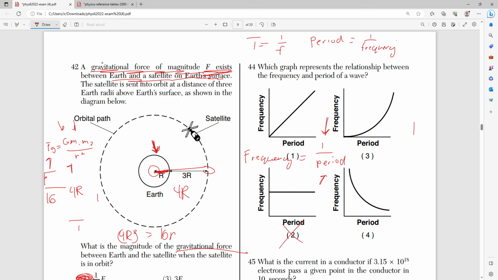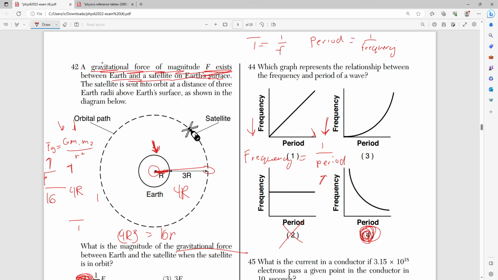For example, if my period was 2, my frequency has to be 0.5. If my period was 3, my frequency has to be 0.33 repeating. The higher my period, the higher the number I'm dividing 1 by, and the lower the value of my frequency. The only one that really shows that is choice number 4.